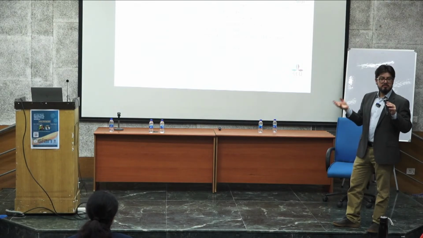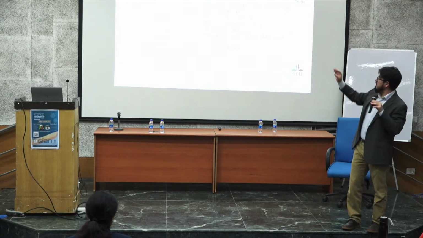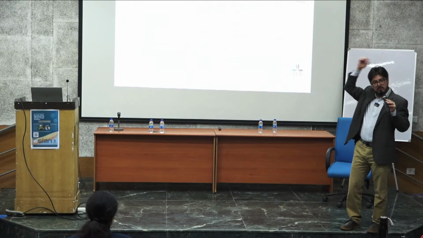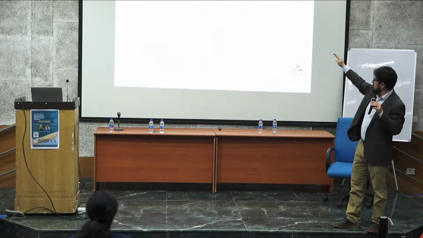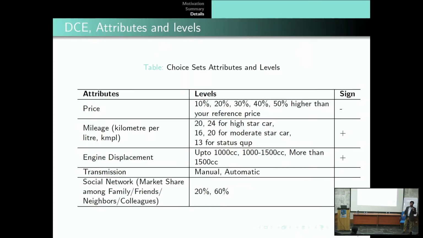Now, before I go to mileage, because that one requires me to explain something else. Of all those attributes, there is not too much to discuss in terms of those being attributes that matter for buying a car.